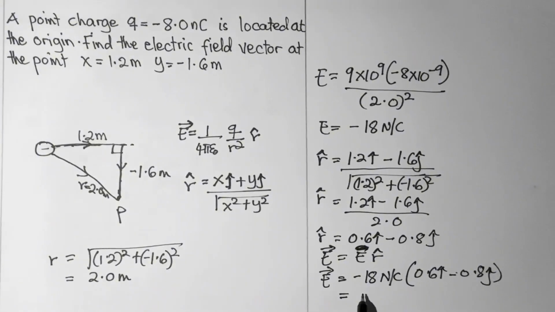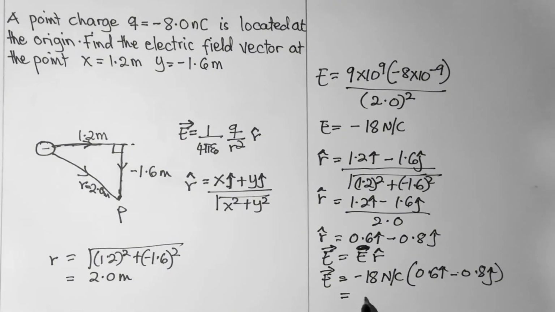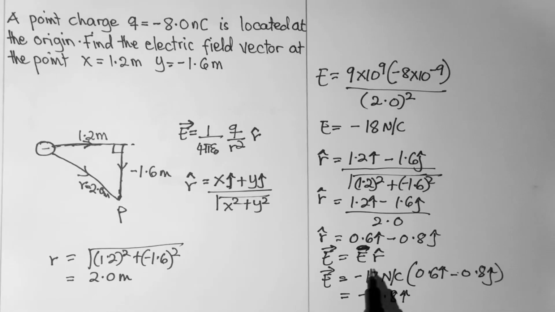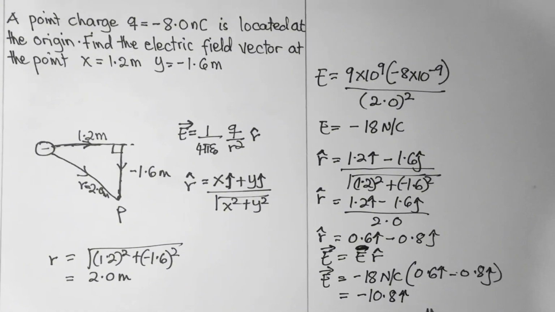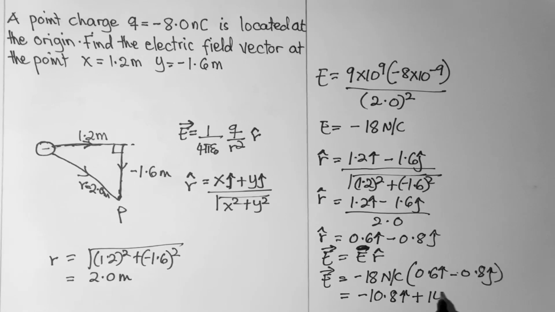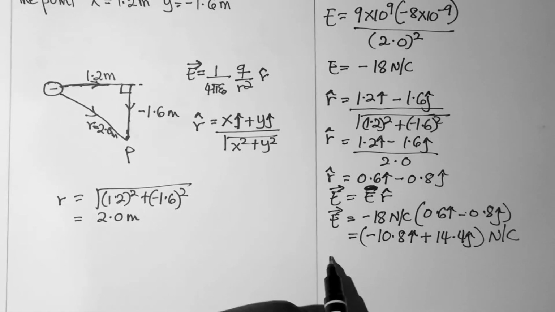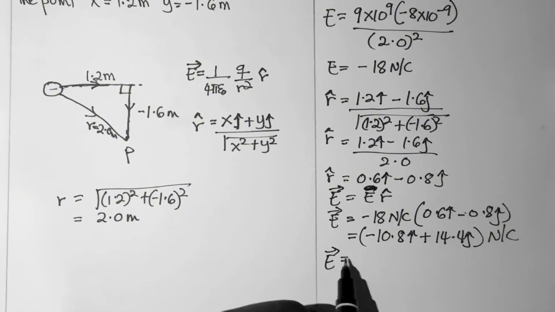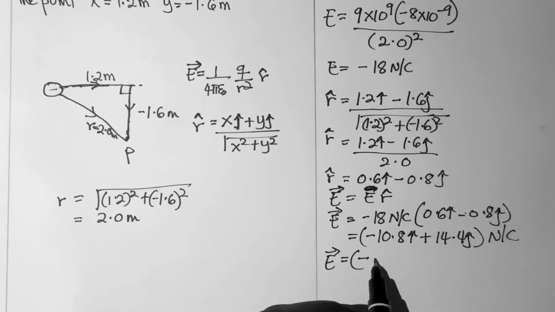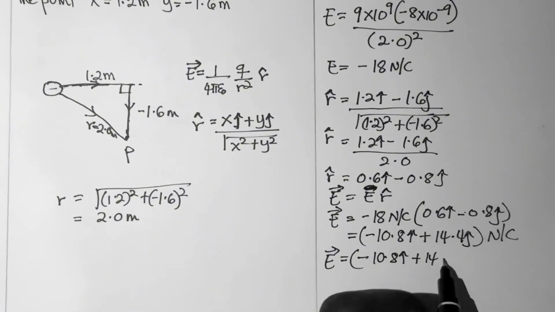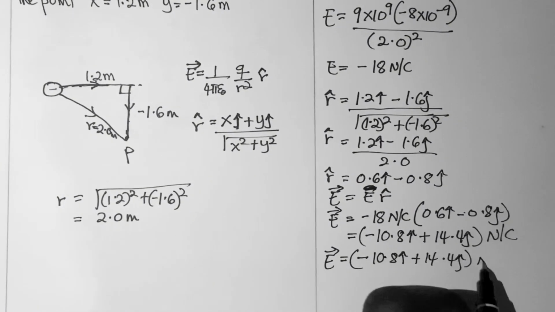So this is equal to, minus 18 times 0.6 is minus 10.8 i, then minus 18 times minus 0.8 is plus 14.4 j, in newtons per coulomb.